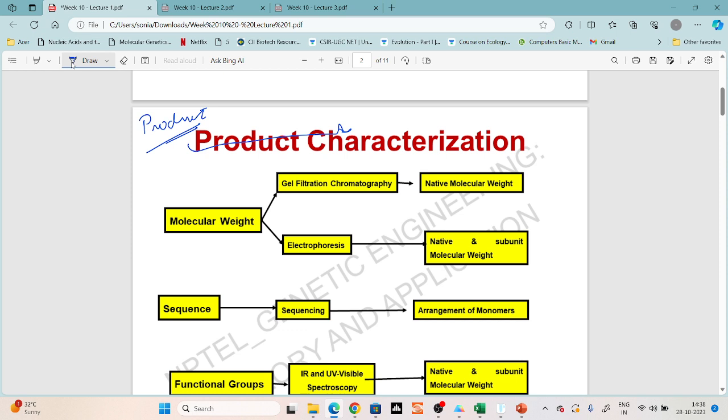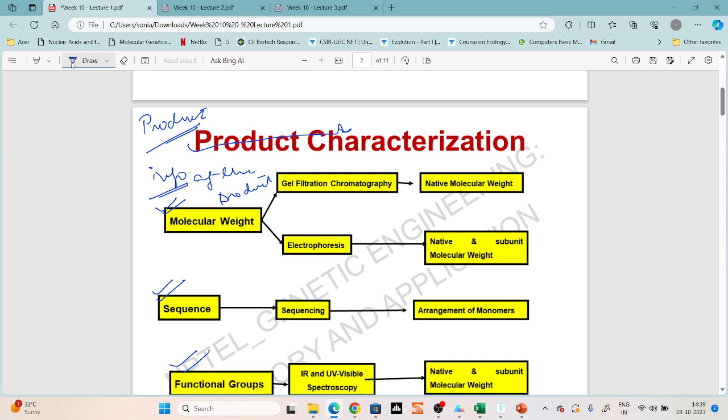You want to determine its molecular weight, the sequence of that particular protein, and the functional groups present in that protein, so that you have information about the product.